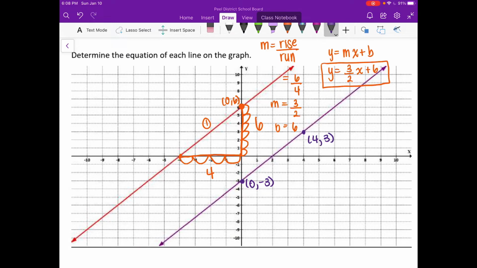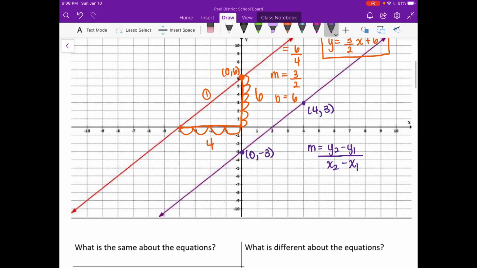So I just took two random points on the line, and I'm going to say slope is equal to y2 minus y1 over x2 minus x1. So I'm going to make the (4/3, 3) my x2 and y2, and then I'm going to make the (0, -3) my x1 and y1.